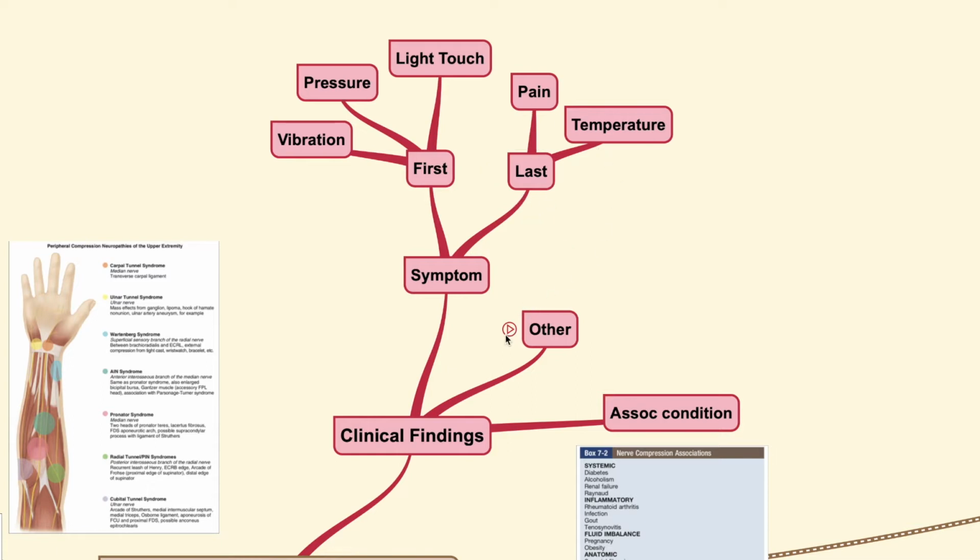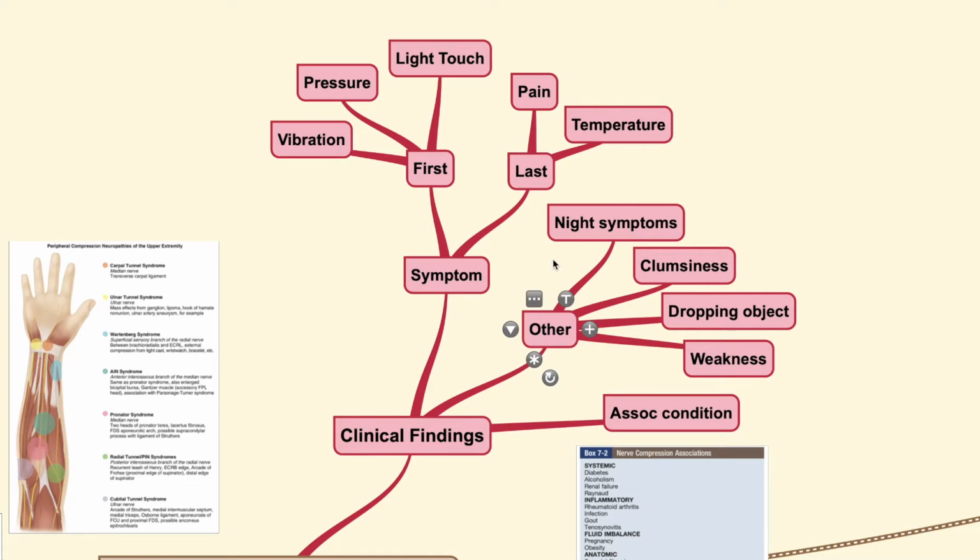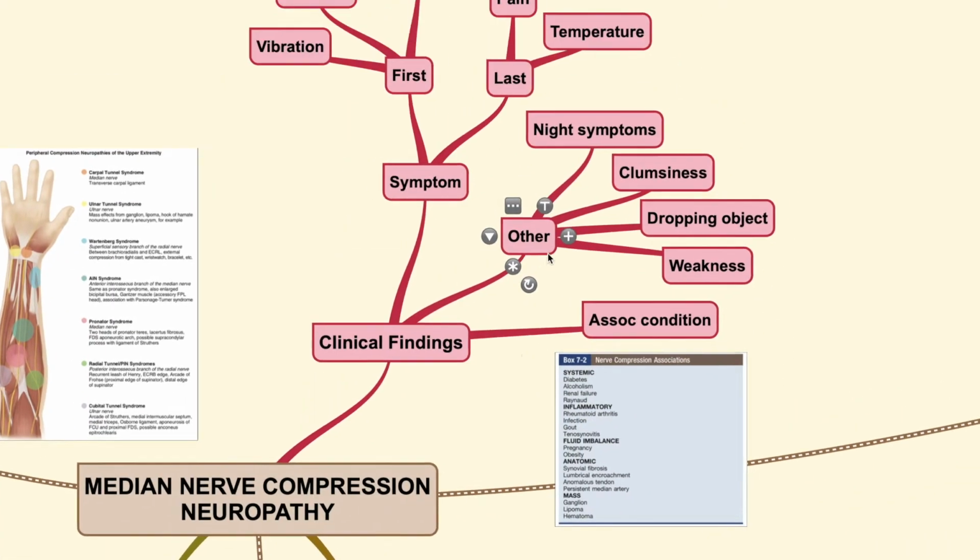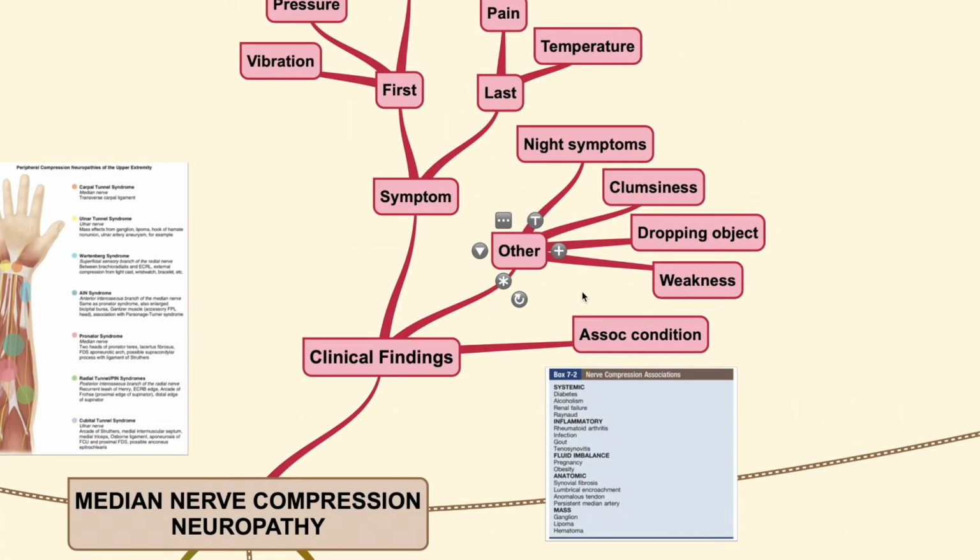and temperature. Well, besides all of these, you also need to know that there are several clinical findings that can be found in patients with compression neuropathy, which includes night symptoms, clumsiness of the hand, dropping of objects, and also weakness. Night symptoms are frequently correlated with the position that we place our hand in.